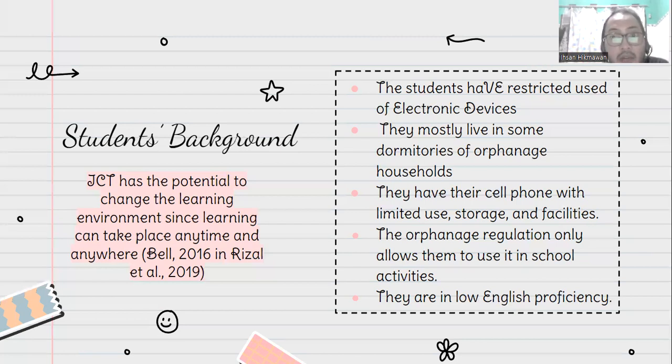Actually they have their own smartphone, but the use is limited, the storage is limited, and the facilities for using other ICT are limited too, because most of them live in dormitories, and the regulations only allow them to use it in school activities, and students are not allowed to use smartphones or cell phones outside of school activities.